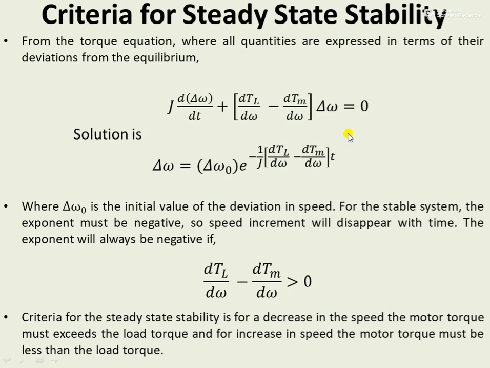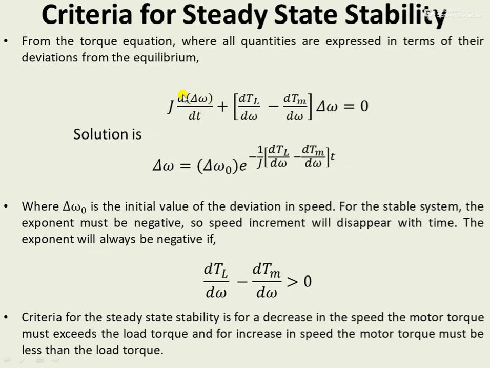From the solution of differential equation, you very well know that the solution of dy by dx is equal to ky is y is equal to c e raised to kx. That is after dividing this whole relation with J and bringing this portion into the right hand side.